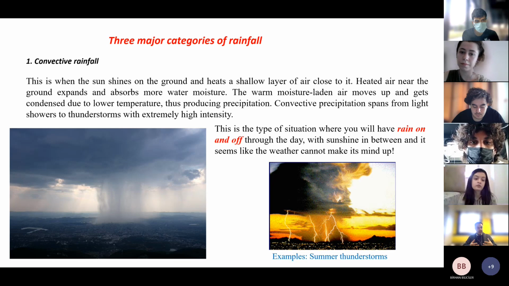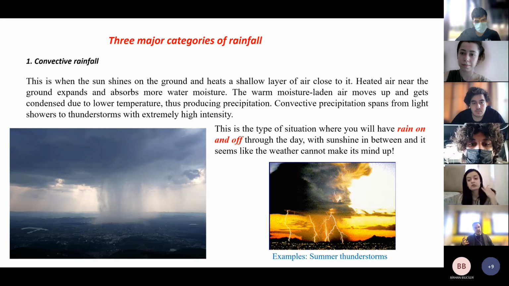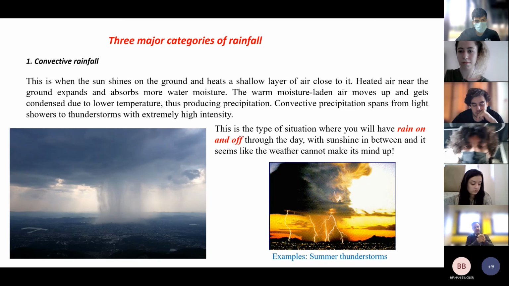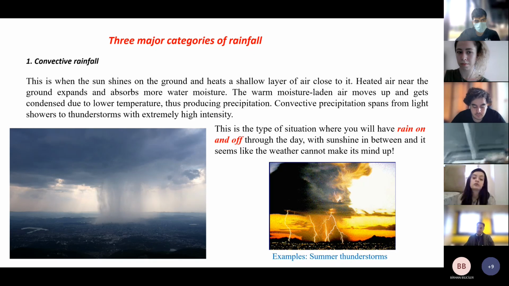Why? Because of the 40-degree temperature, and we have moisture from the Akdeniz Sea. We have enough moisture and we have warm air. Then the moisture goes up, but in the upper atmosphere it suddenly gets trapped in condensation, and those moisture-laden air masses give us a shower on the city.